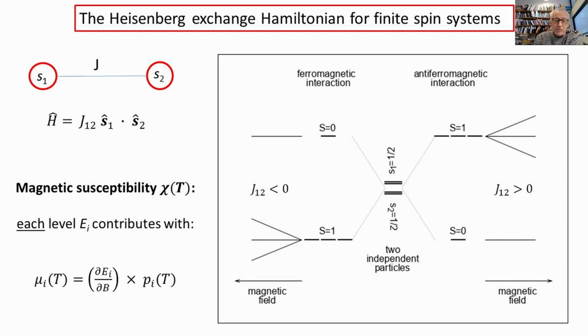And we are also going to talk about magnetizations or magnetic susceptibilities. And when computing this property, each and every level contributes to this property. And so the contribution from each level is that it needs to have a derivative in a magnetic field in order to be active, and it becomes temperature dependent because the population of each level is temperature dependent.